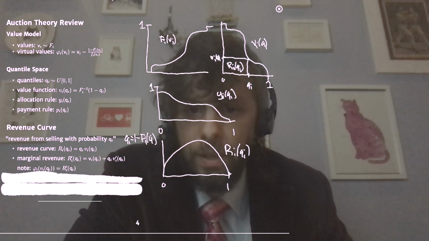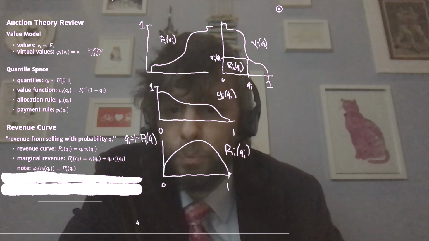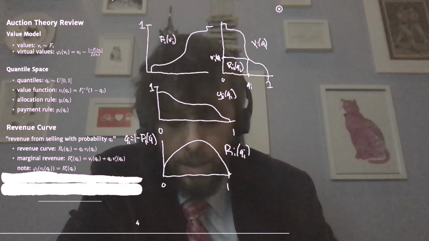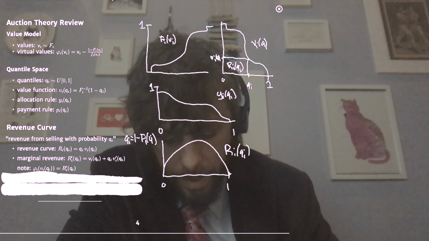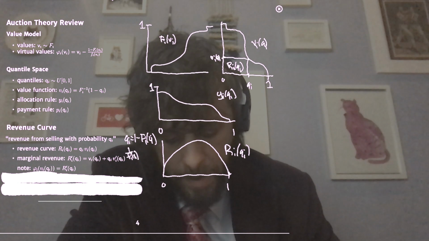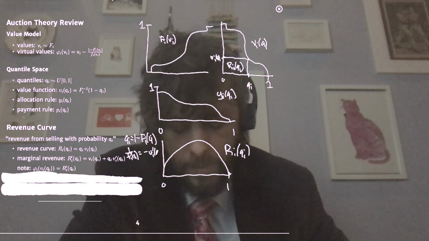That's just the probability that the agent has a higher value than v_i, and that's exactly what q_i is, the quantile of the agent. And to note that 1 over little f_i, the density, is equal to minus v_i prime of q_i.